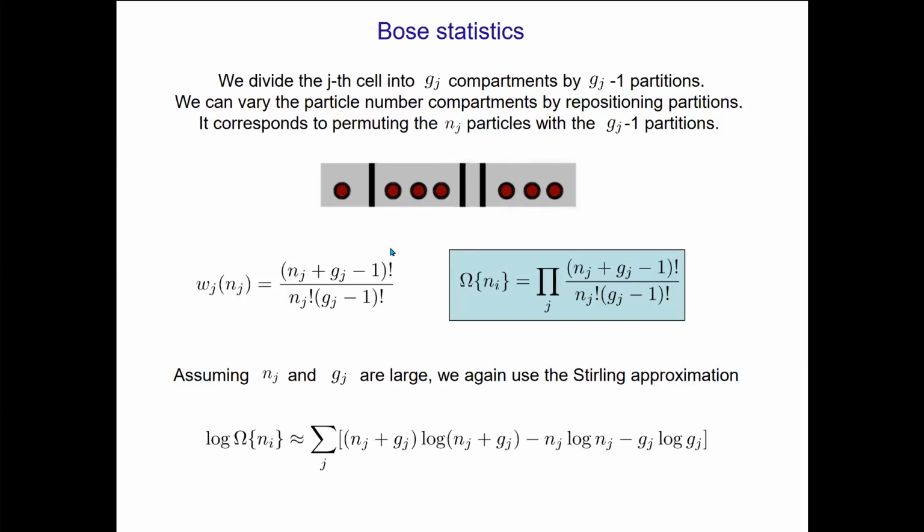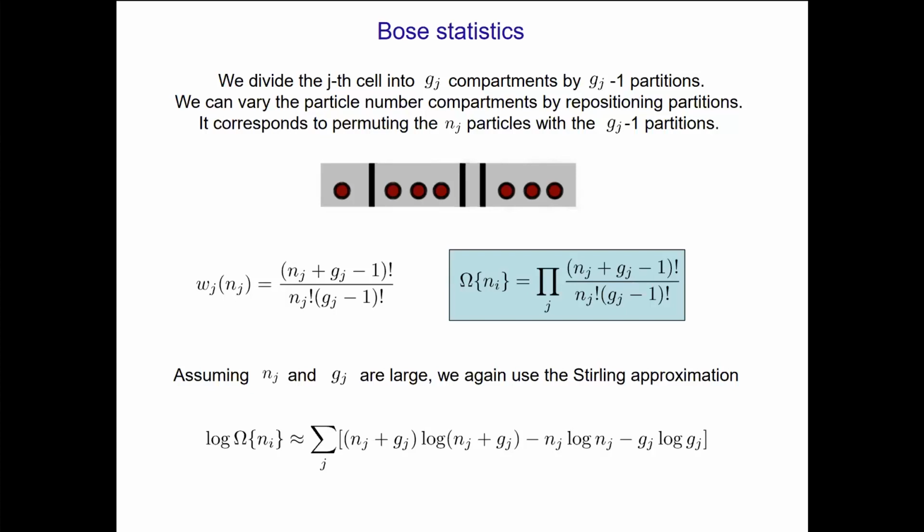And to count the multiplicity for a particular cell for boson particles, we just use the same approach as I think you used in counting states in the Einstein solid model.